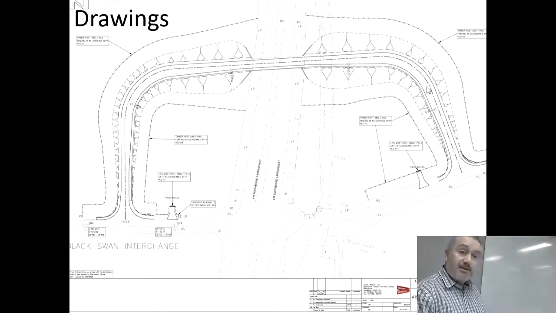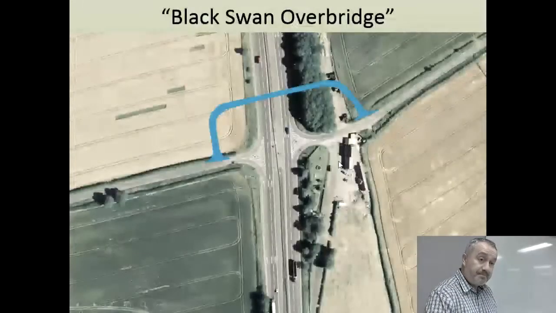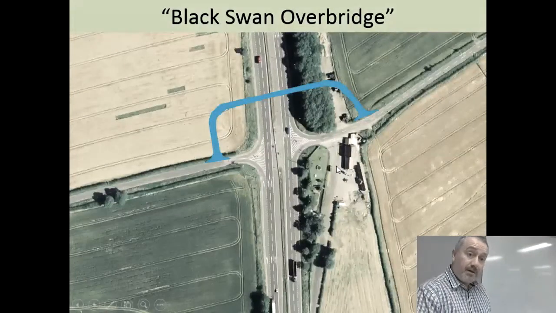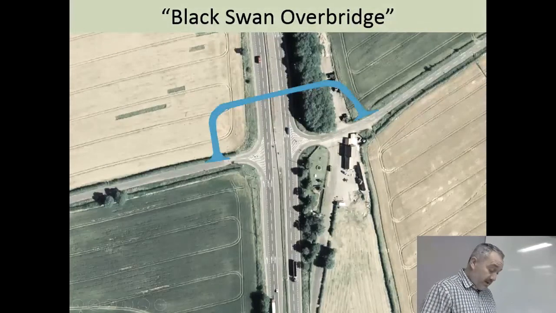And these bends are designed to make sure they can accommodate the vehicles that are going to be using this. So this really determines where the bridge is crossing over, and that's where it is going to be positioned.